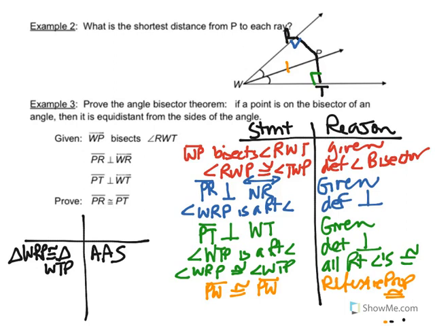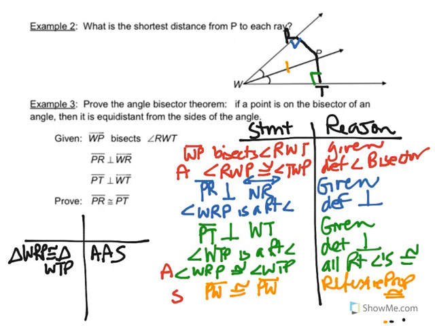And let's just find it. Here's our side right here. Here's our angle, and where's our other angle? Up here. Angle side.